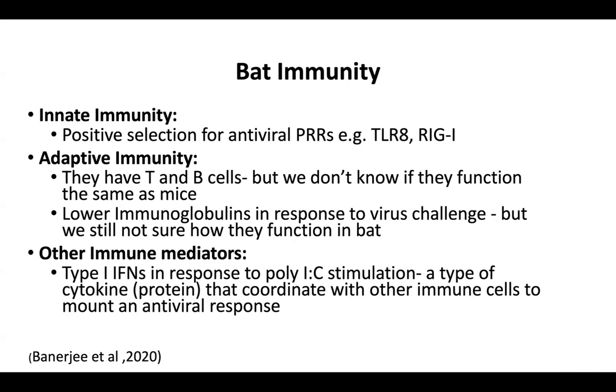For some of the studies that have challenged the bats with either viruses or antigen, they found that the immunoglobulin response is lower in bats compared to some other model organisms like mice. And we just don't know why or how, and that's just the gap in knowledge that we have to explore.